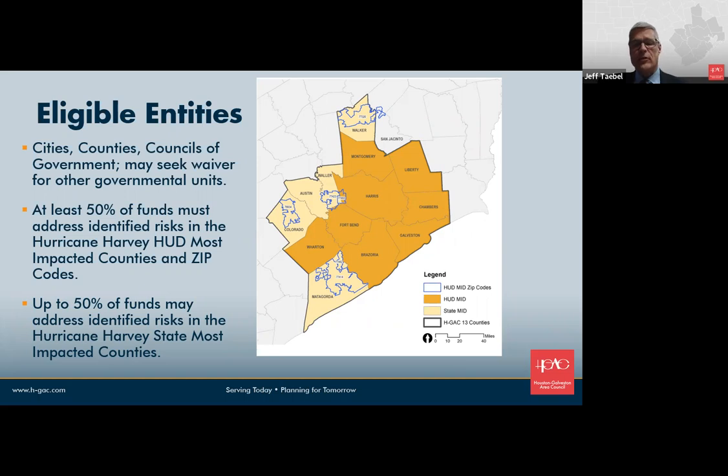And we're required to allocate at least 50% of the funds in our method of distribution within those areas. And up to 50% of the funds may address identified risks in these lighter yellow shaded counties. And I'll tell you now that I think we'll be vastly over 50% in these orange and zip code areas in some of the early analysis that has been done.